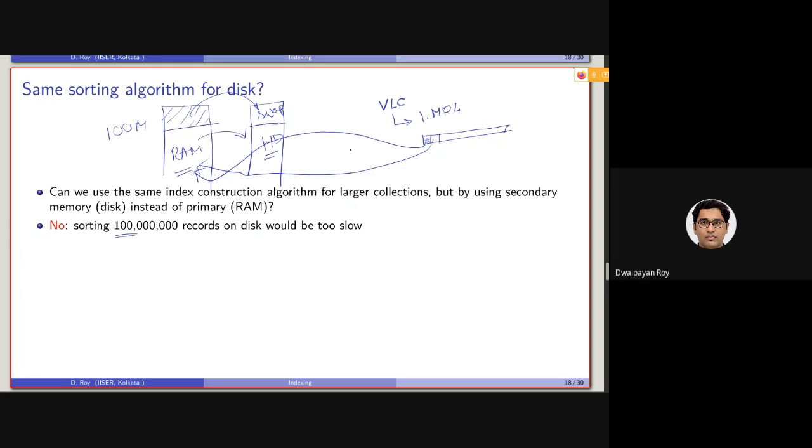So again, back to the actual discussion that we were having. To sort this record, we need to have the part we are working on in the RAM.